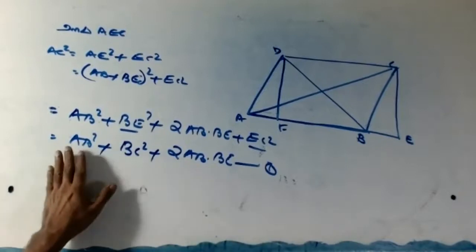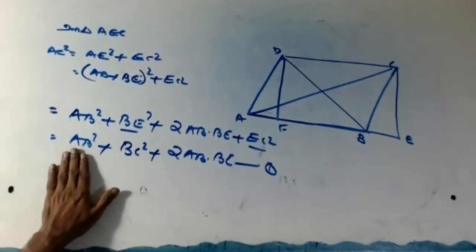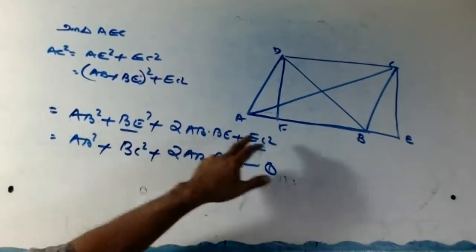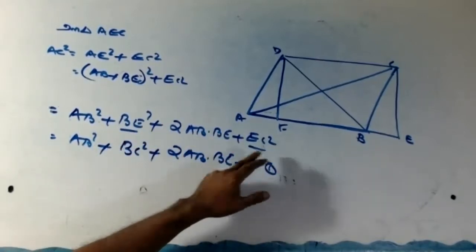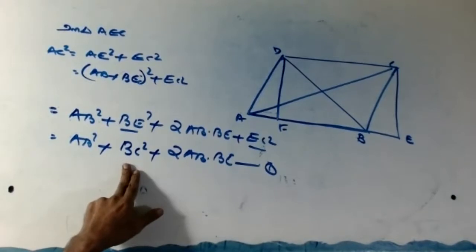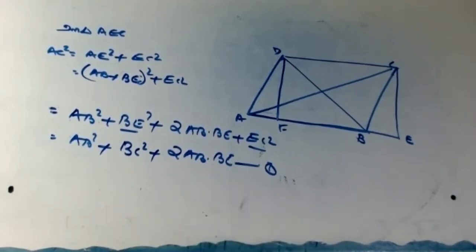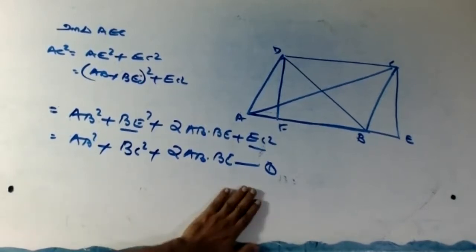Then AB square plus this BE square and EC square together. BE and EC together means BC square plus AB into BE. Okay. Then we got the first one.